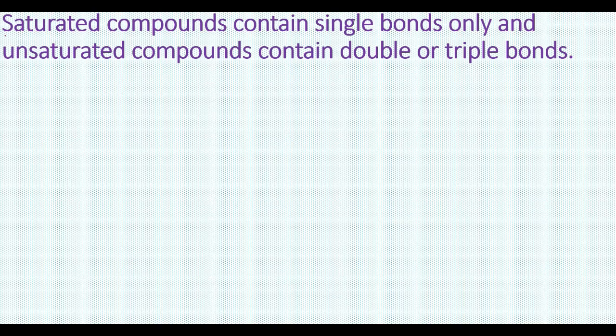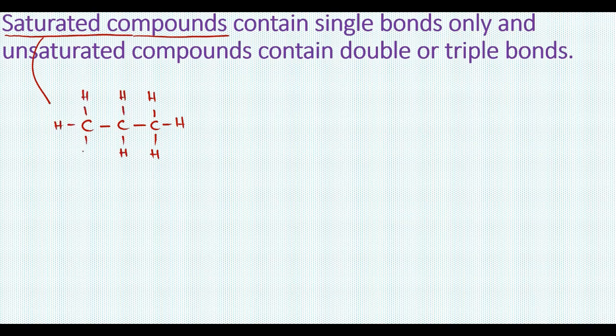The next part of the syllabus is about saturated and unsaturated compounds. A simple concept: saturated compounds are the compounds which are fully saturated with hydrogen atoms. For instance, we have propane, and this propane contains the maximum possible hydrogen atoms for 3 carbon atoms, which is 8. So this is C3H8. On the other hand, an unsaturated compound is a compound which has a double or a triple covalent bond.